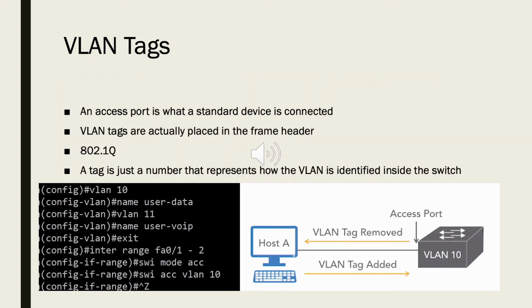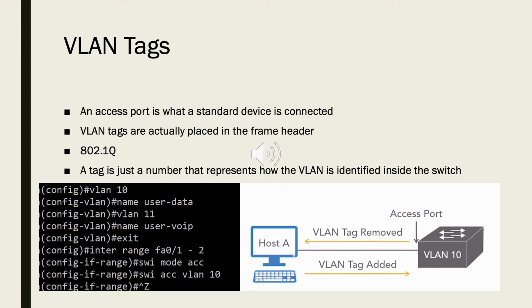An access port is what a standard device is connected to, something like a PC, printer, or router, in a sense, an end device. The access designation tells the switch to strip the VLAN tag off a packet as it leaves this port and to place it back on as it enters.